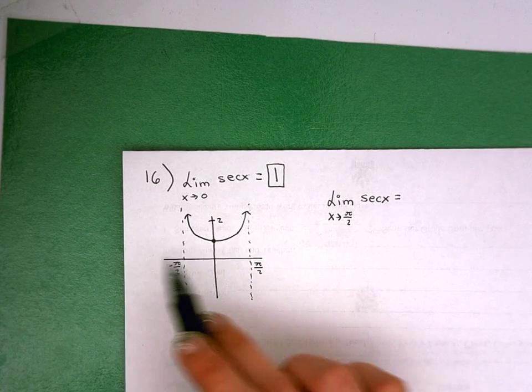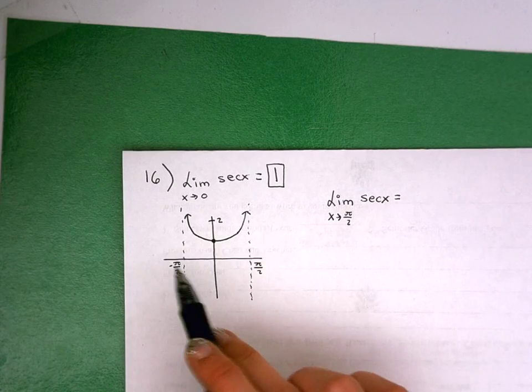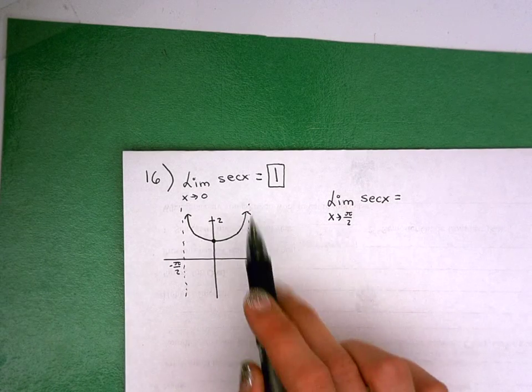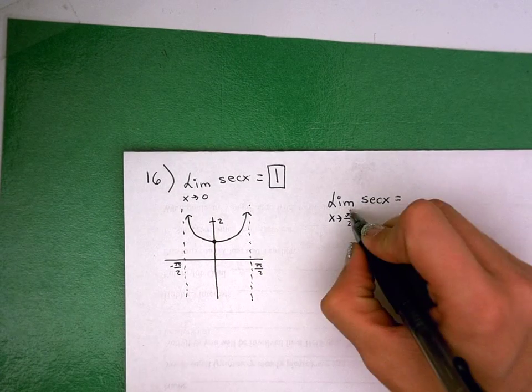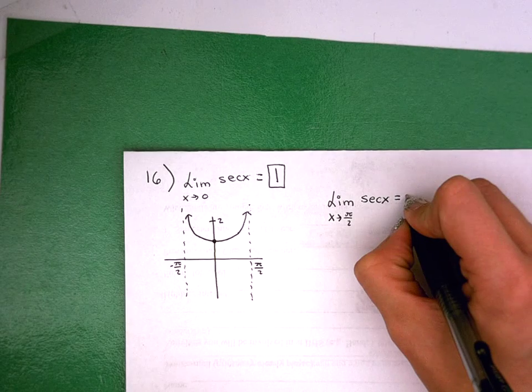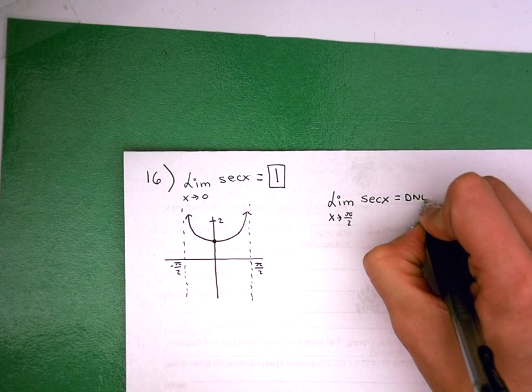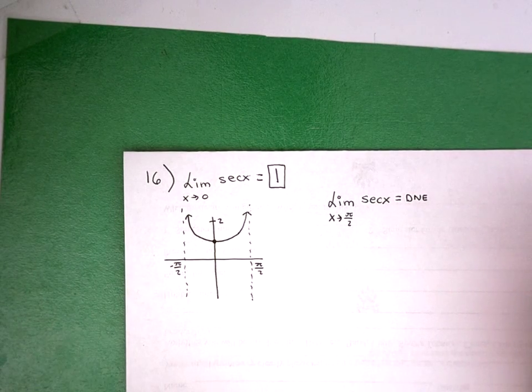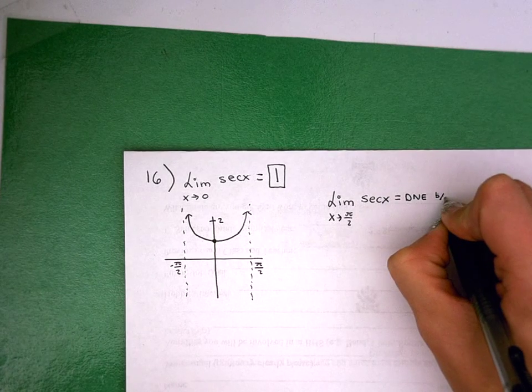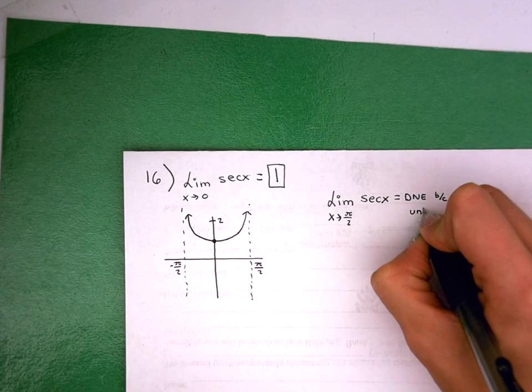It could go down to negative infinity as well, but anytime it's increasing or decreasing without bound, our answer is not a number, but a does not exist, because the graph is unbounded.